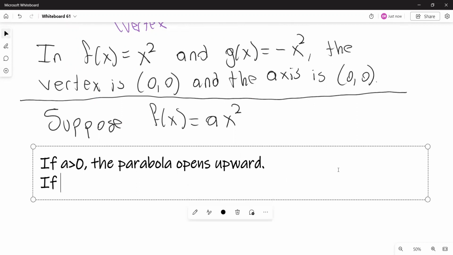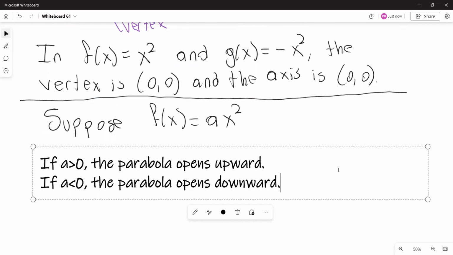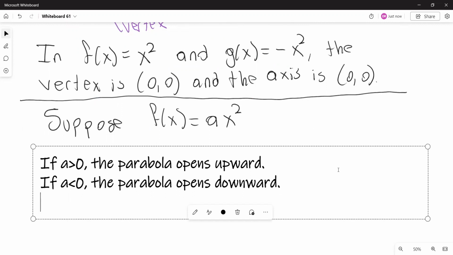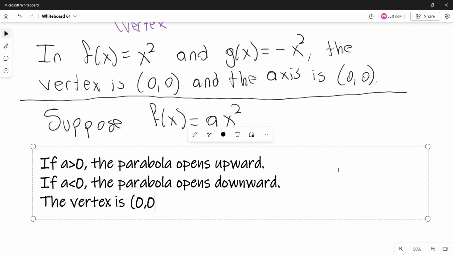And if a is negative, the graph is going to reflect across the x-axis, and the parabola opens downward. In both cases, the vertex is at the origin, and the axis is the y-axis or the vertical line x equals 0.